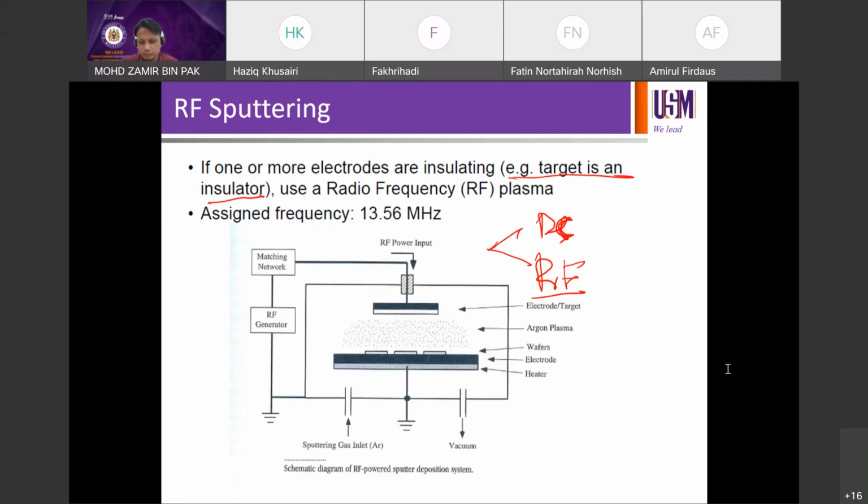Anyone? Can write down. If you sputter silicon, is it an insulator? Sputter silicon, is it an insulator?